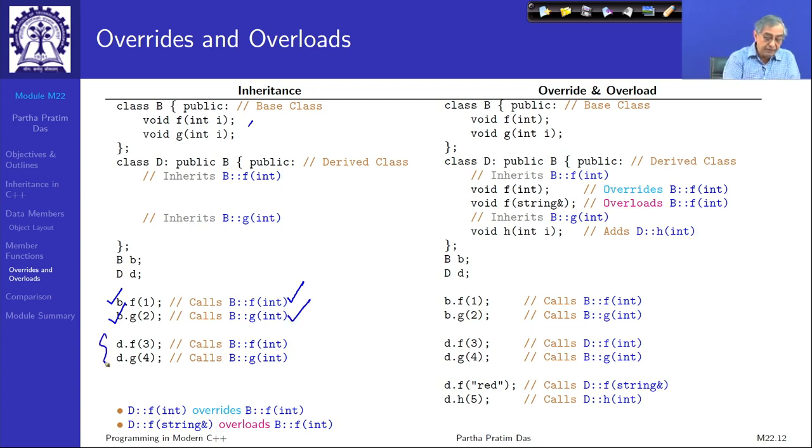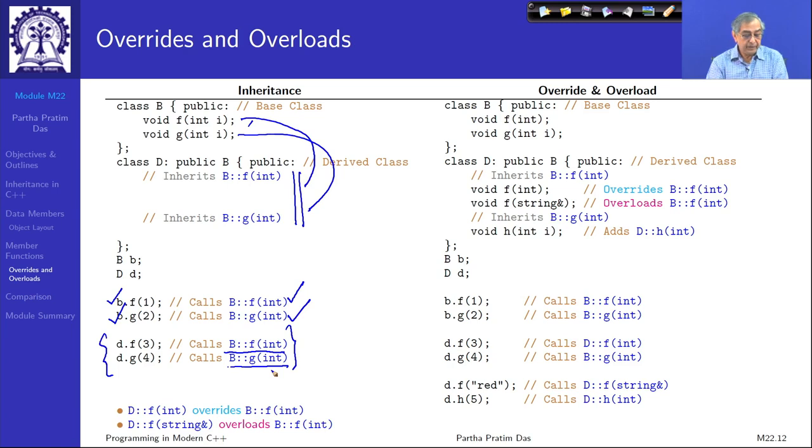The interesting thing is, if I do this with the D object of the derived class, these two functions will also be called because they are inherited here. They have not been written, you do not see any function, but actually this function is available here. So, you get to call B colon colon f and B colon colon g by the object D of the derived class D.